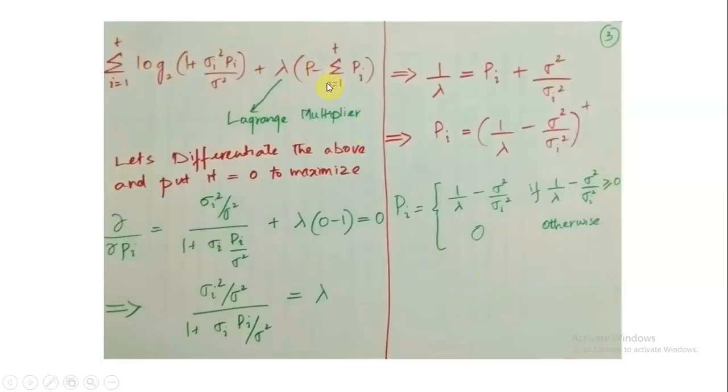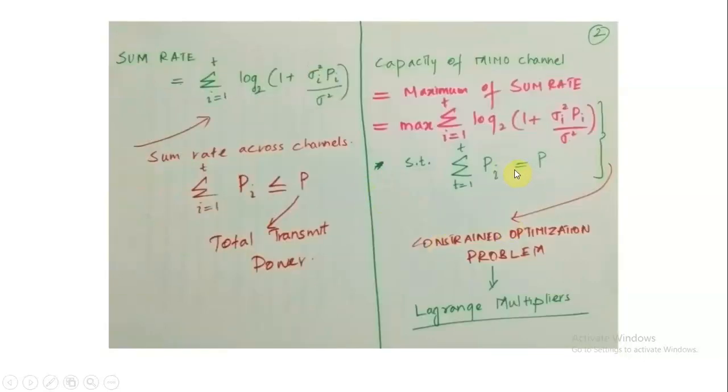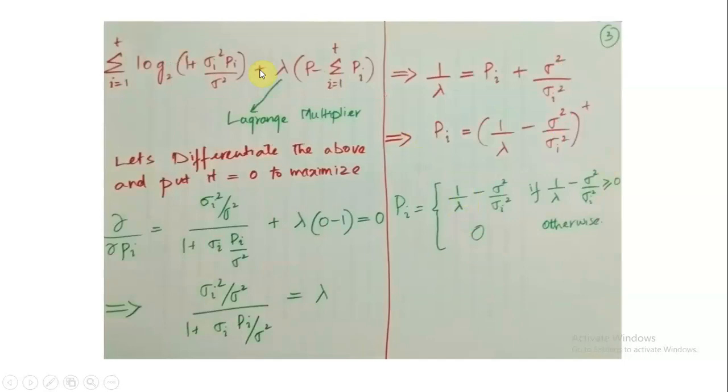You put the objective function and then add a Lagrange multiplier multiplied by the constraint. If you bring this side to this side, it would be P minus the sum of P_i from i equal to 1 to t. Let's differentiate the above and put it equal to 0 to maximize.